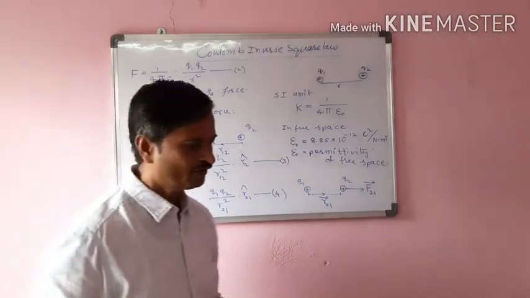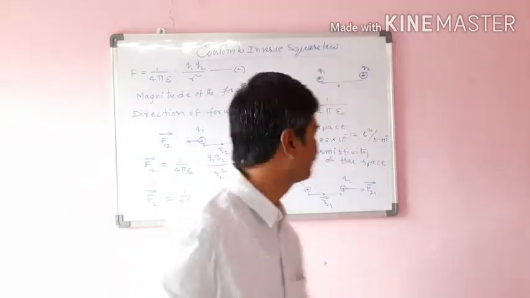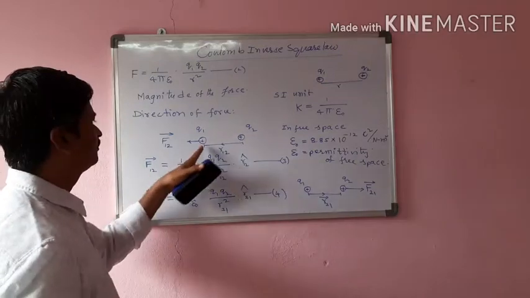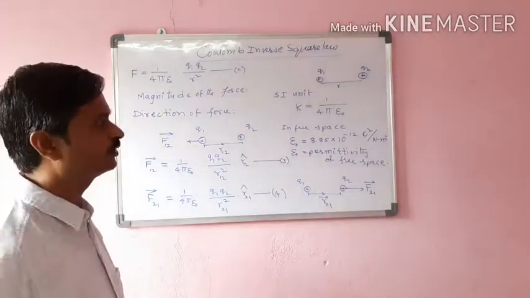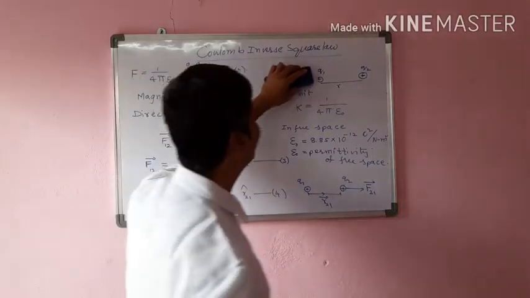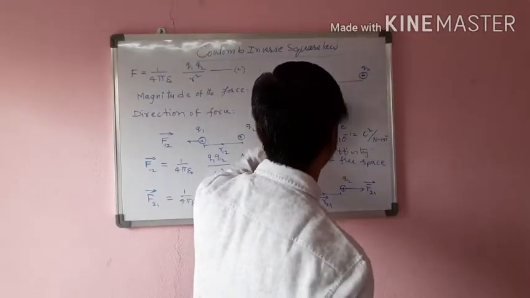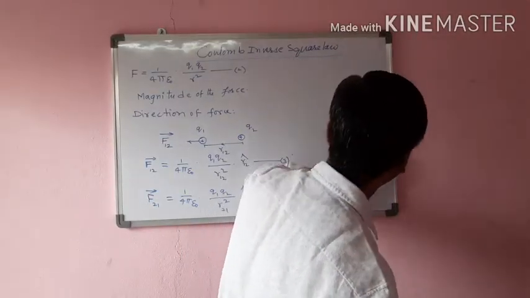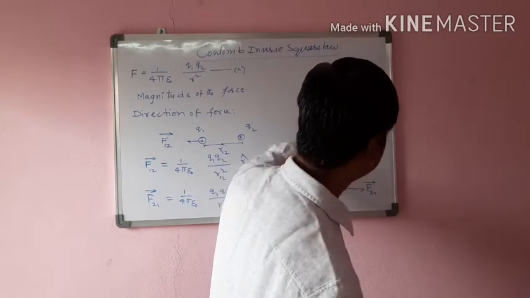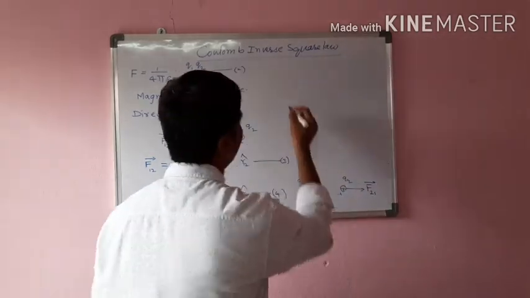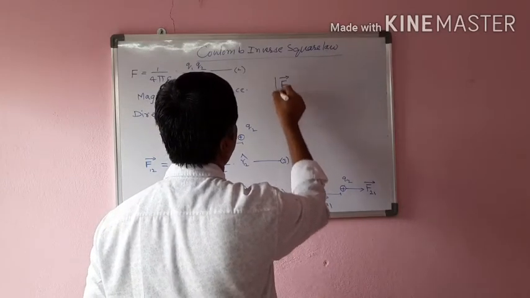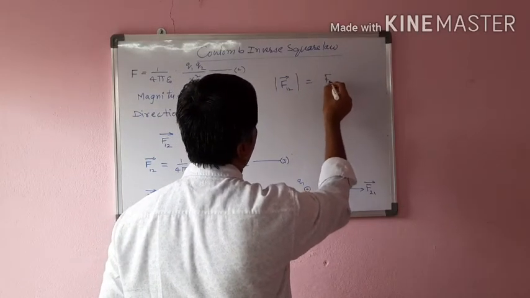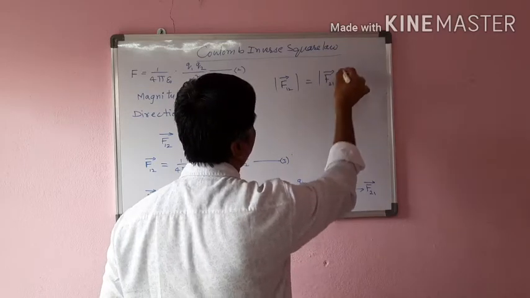And we know from Newton's third law, the force on Q1 is equal to the force on Q2. Both are equal and in opposite direction. So we write the magnitude of F12 is equal to the magnitude of F21.